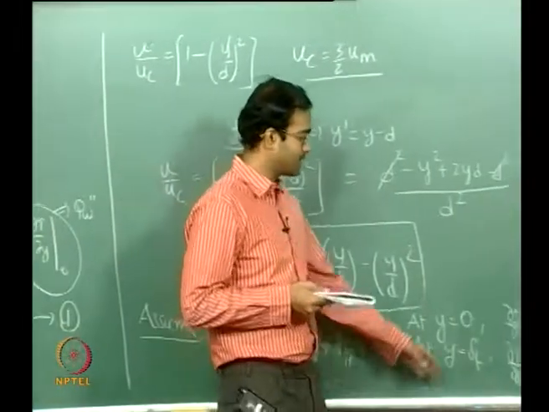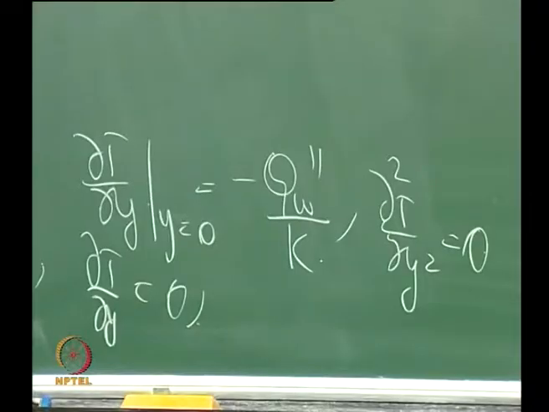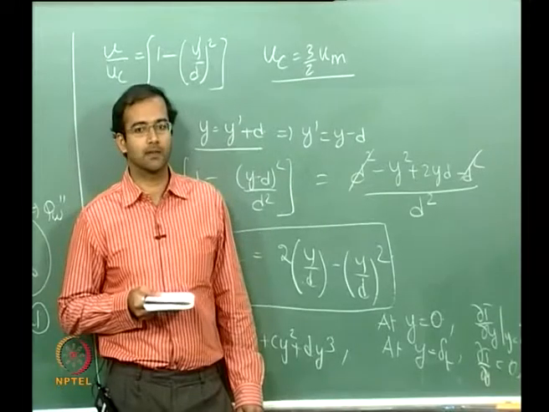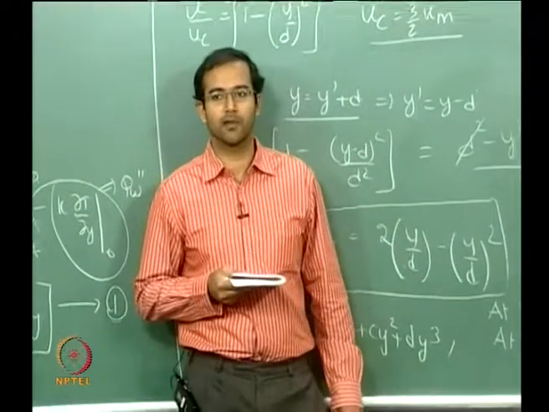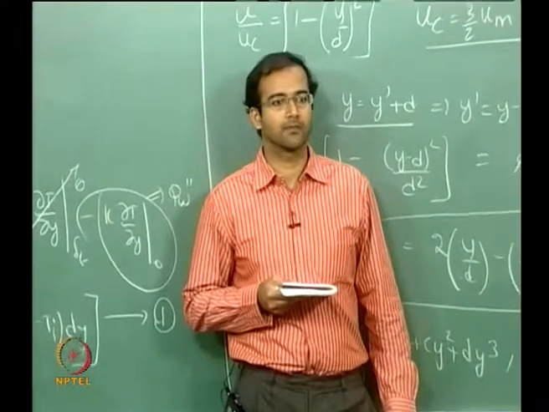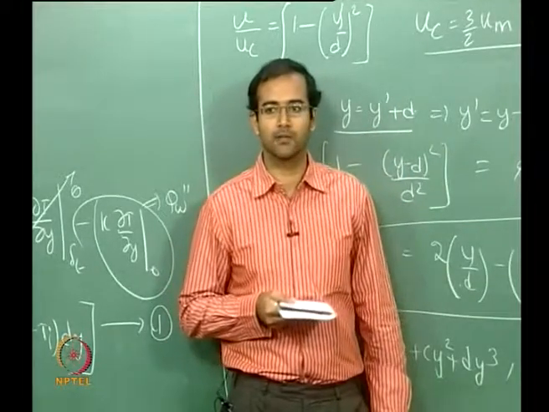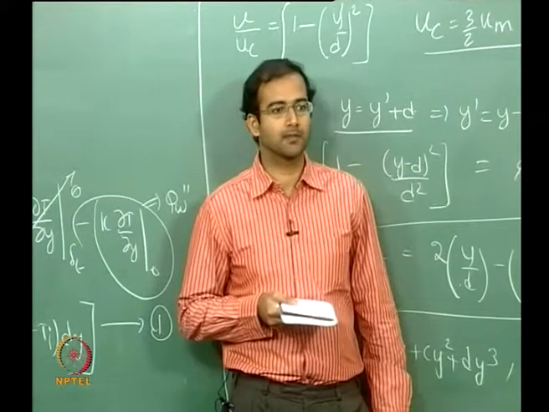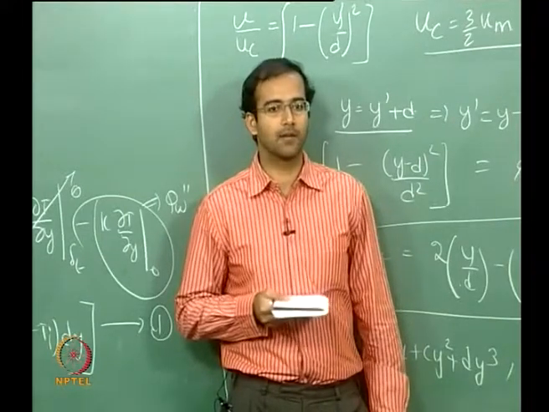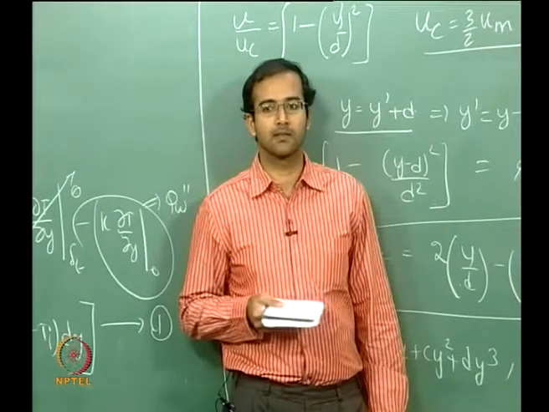Naturally, it should be at y equal to delta t. A second order condition there would directly give a second order condition. We have not given a condition for the temperature itself. We should not go to higher order derivatives without giving a boundary condition for the temperature. The first preference is for the temperature. If you don't have that, then you go to the higher order boundary conditions.